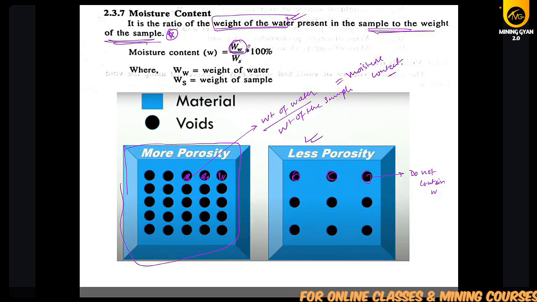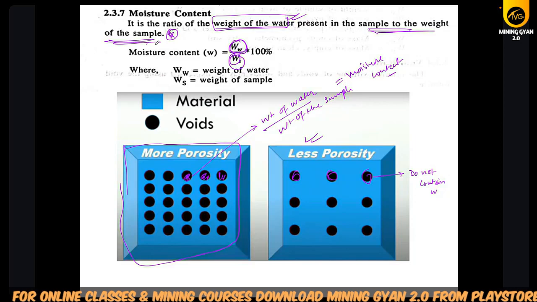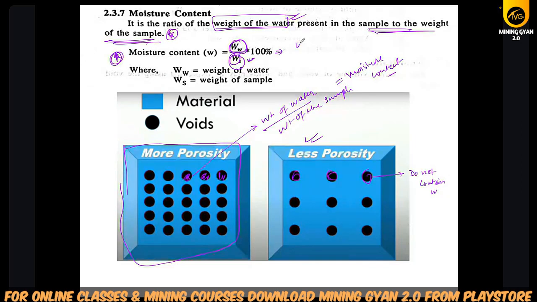So the weight of water divided by the weight of solid is known as moisture content. Please remember this moisture content formula also. So here it is the weight of solid, not the weight of total. So the weight of water divided by the weight of solid multiplied by 100. Please remember this clearly.